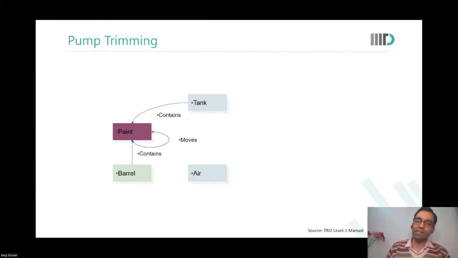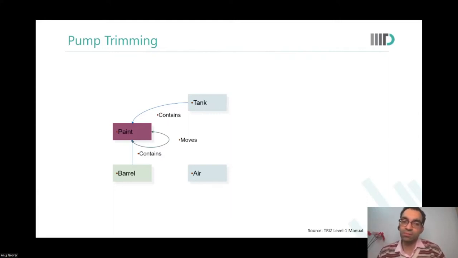Can the paint move itself? Any ideas? अब मैं जब आपको सॉल्यूशन बताऊंगा ना, you will say, अरे ये तो हम रोज देखते हैं. Sir, the tank can be placed at a higher potential, so the potential energy means paint can easily pour itself down. Yeah, but हमारे को control करना है.